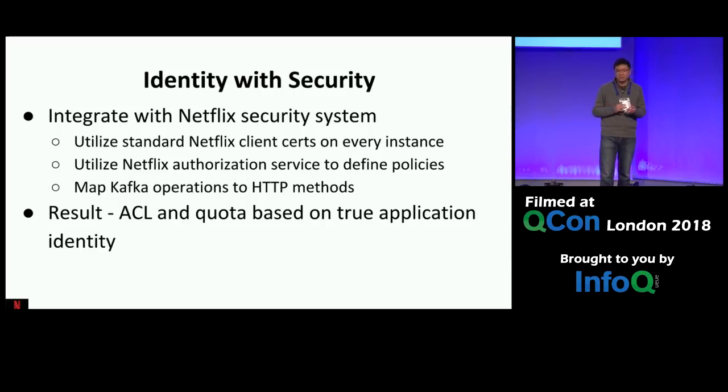That turns out to be a not difficult task because our security system has already paved the path for us by installing a standard client cert on every Netflix instance. And that client cert includes all the information we need, like the host name, IP address, and most importantly, the application name.